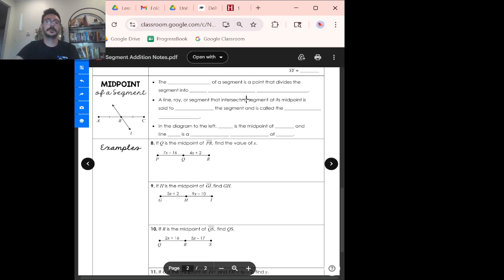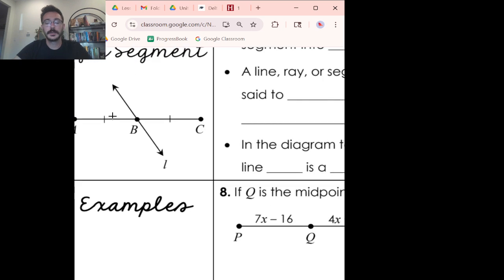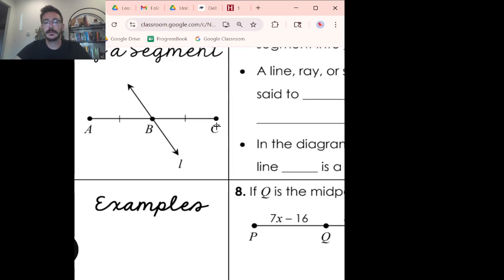Midpoint is exactly what it sounds like. It's the middle point on a segment. For example here, I have segment AC. B is the midpoint because it directly sits in the middle. How is that useful? Well, notice these little tick marks on those.